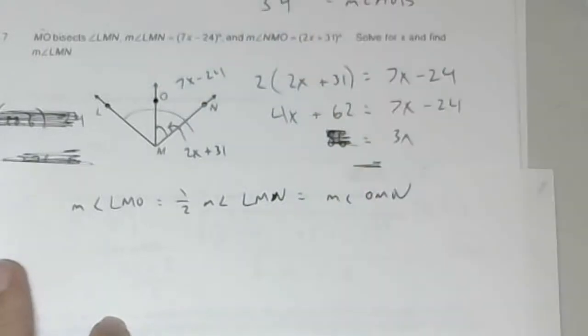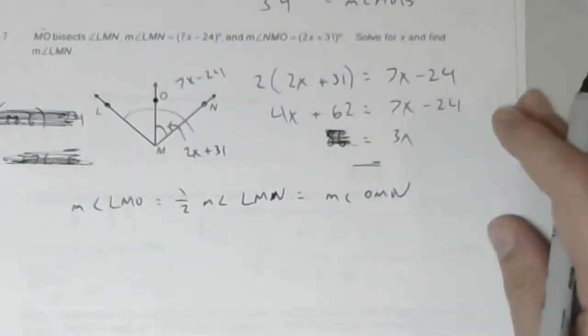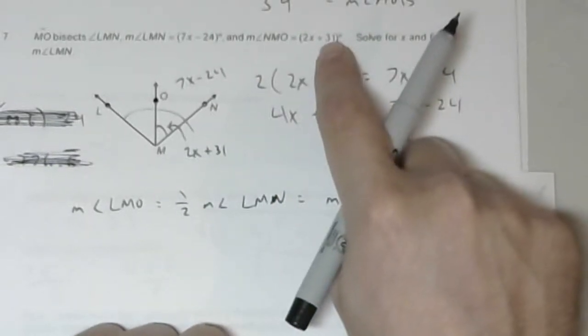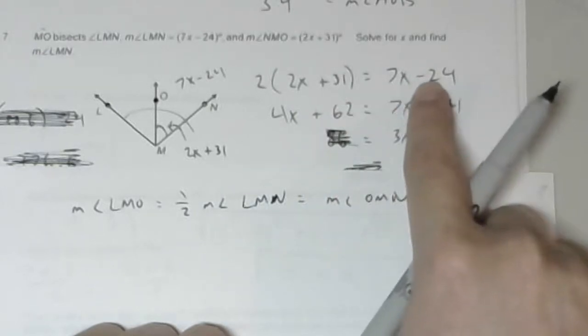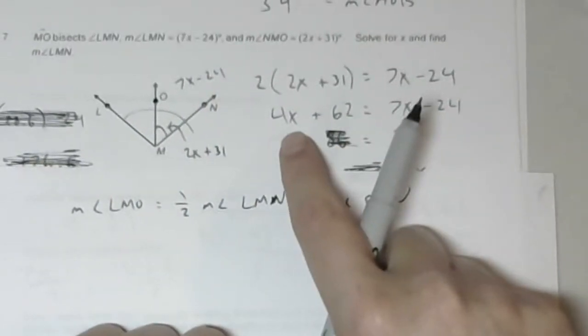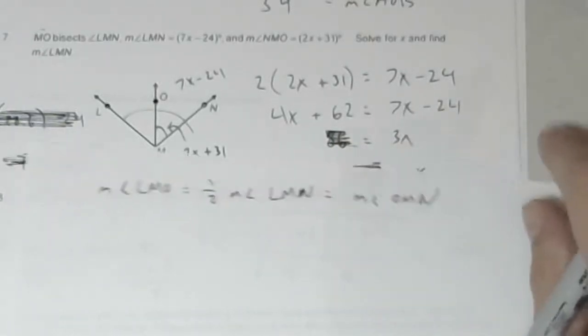So MO is an angle bisector. All right. So what I'll do is I'll take 2 times NMO and set that equal to 7x minus 24. 4x plus 62 equals 7x minus 24.